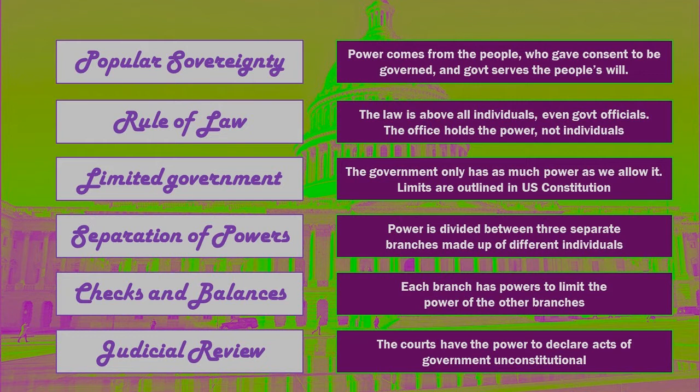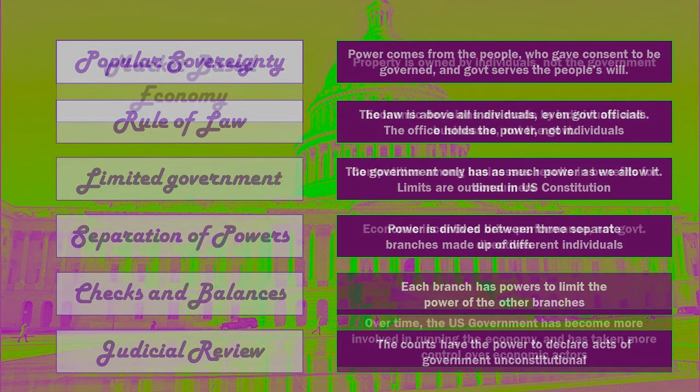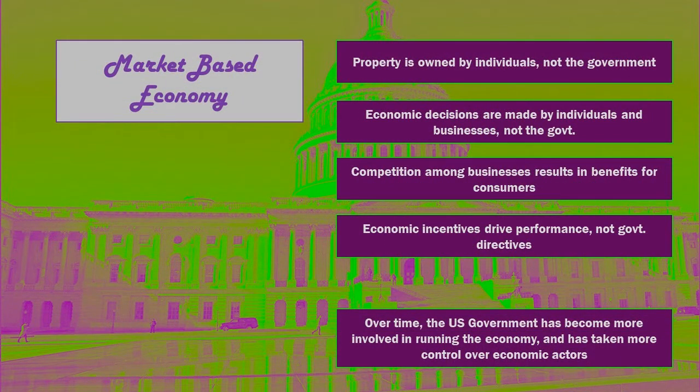Another important concept in American democracy is that it works together with the market-based economy. So our economic system is based on a free enterprise economy. It's not purely operating that way, but we do have these basic principles that the government has to respect. So we've got private property instead of the government owning everything. We have private decisions made.